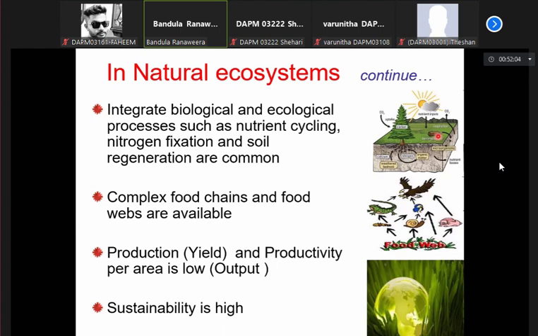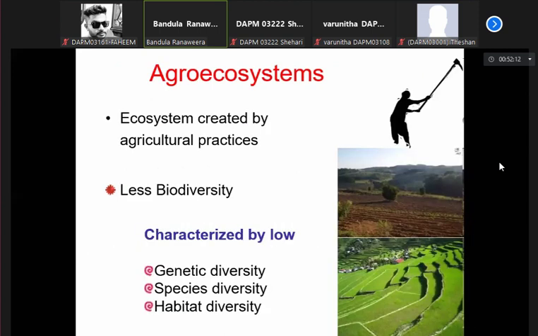So, as we have already mentioned all the important characteristics comparatively, we can quickly go through the agroecosystem. It is a system created by agricultural practices of human beings, and it has lower biodiversity.